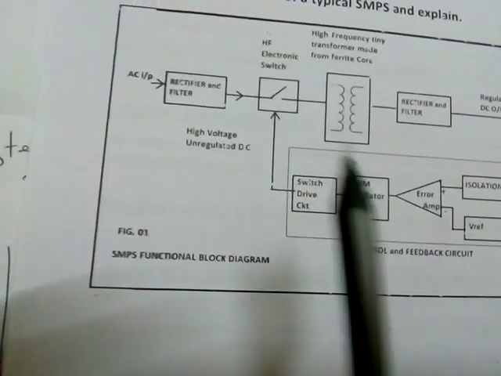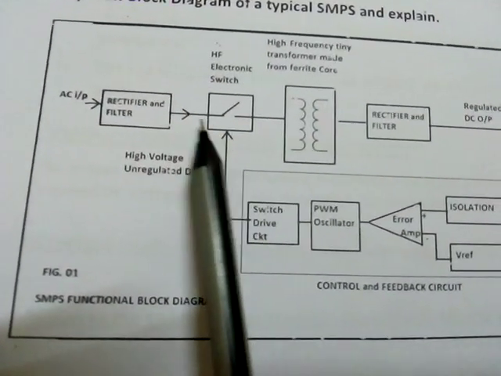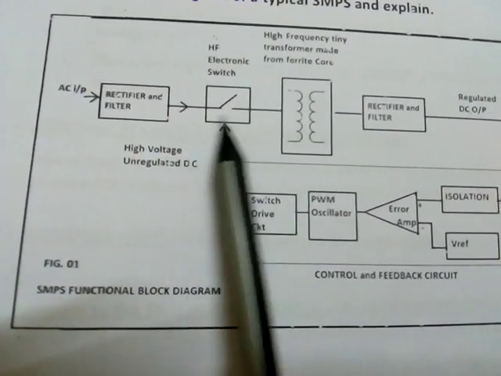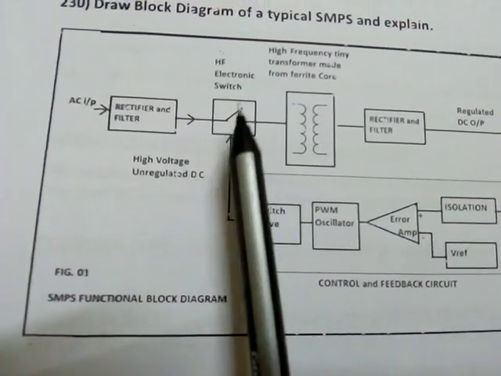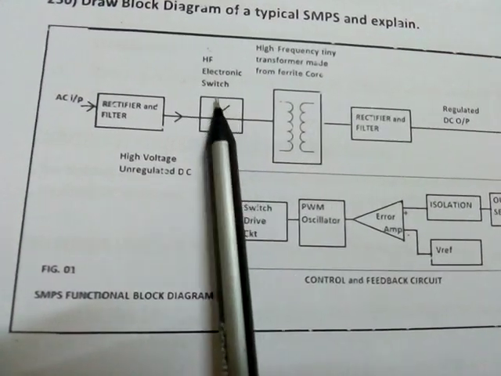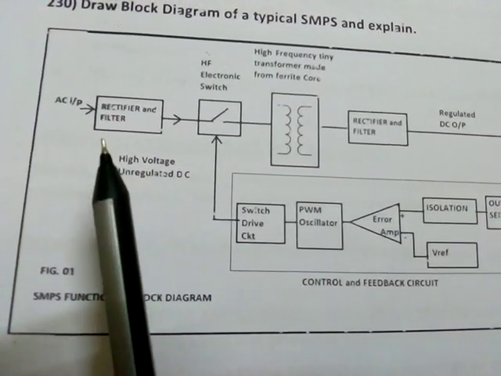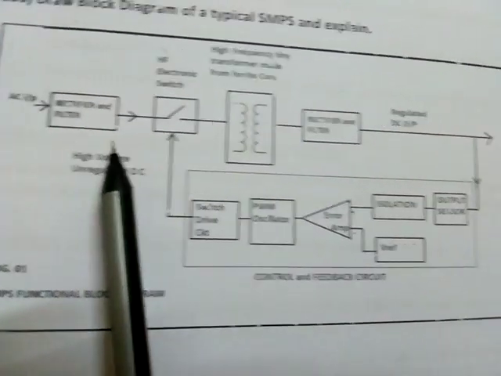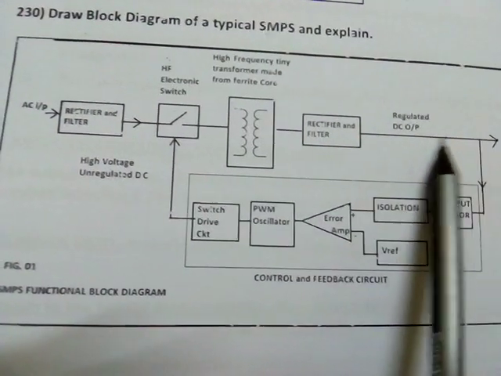First it is converted into DC, then applied to the transformer through a power switch. For the duration which this power switch is on, the duty cycle, the percentage or fraction of the energy that is delivered to the load can be varied.